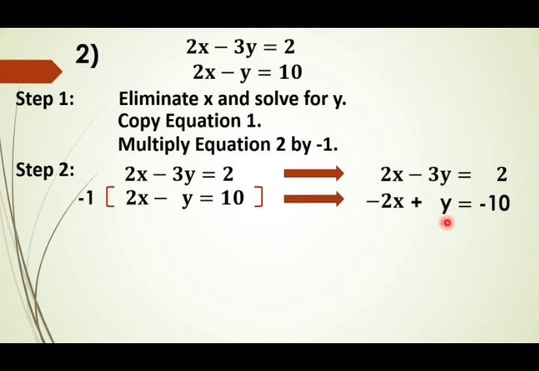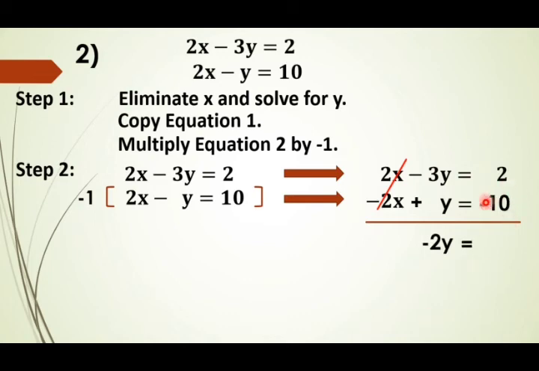Then, we will combine these two equations. 2x minus 2x is 0. So, cancelled na yung variable x. Negative 3y plus 1y equals negative 2y.